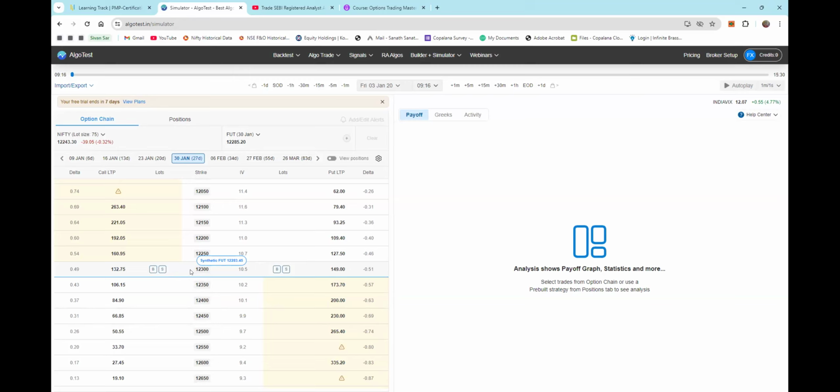So 2.5% a month means you are paying 30% as premium in the year. Correct? So when you're paying 30% as a premium, you should be getting a trend of 30% in a year to be at break even. That's correct. Yes.